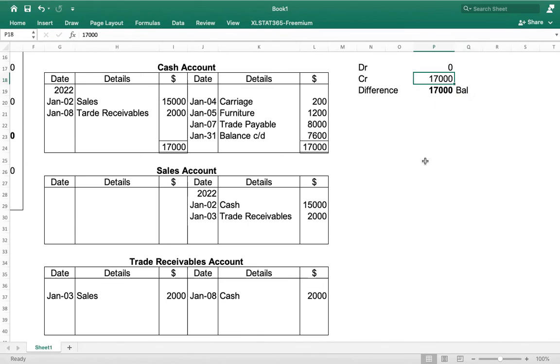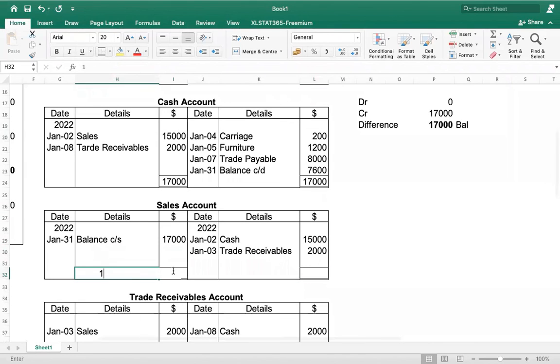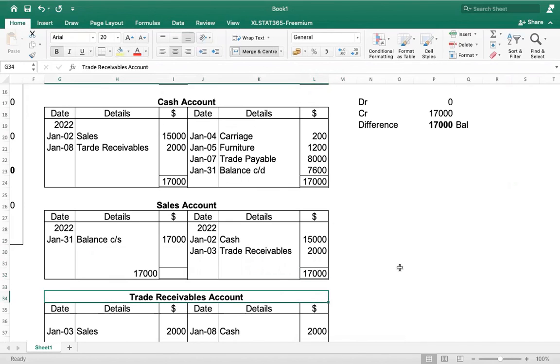So I will write on the debit side, 2022 Jan 31st, balance carried down, 17,000. Leave some space, total up, put two lines. 17,000 here and 17,000 here. Understood?